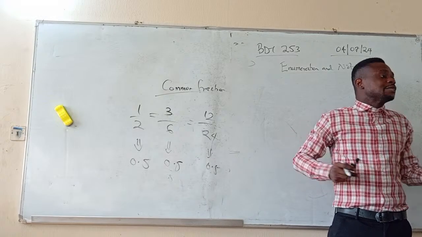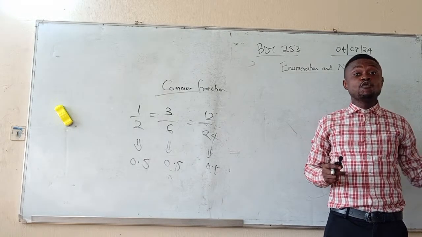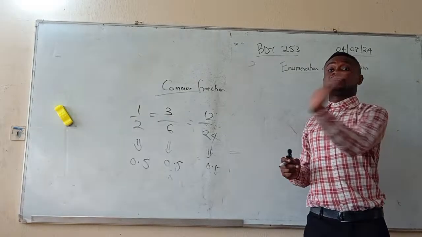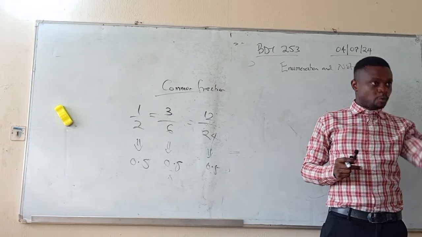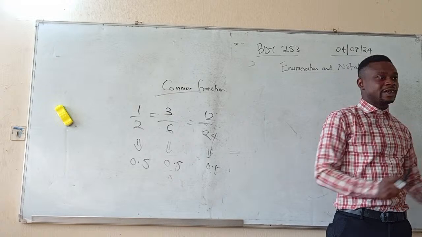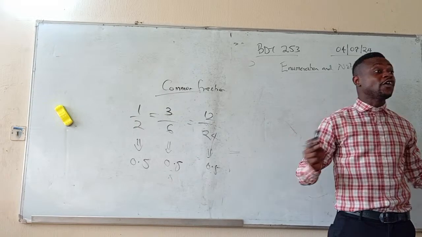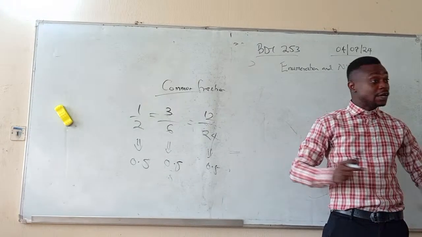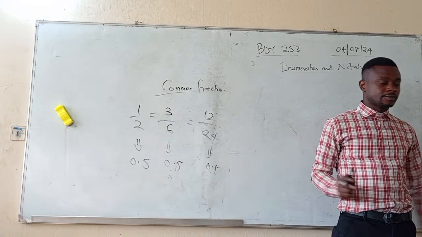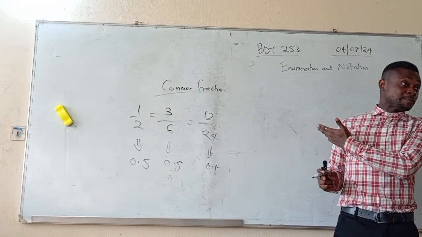It's simple, just simply keep dividing, move all of them to decimal fraction. Then check the ones that are equal, the equivalent. This and this are equivalent, this and this are equivalent. If all of them are equivalent, you state that all of them are equivalent. Simple.